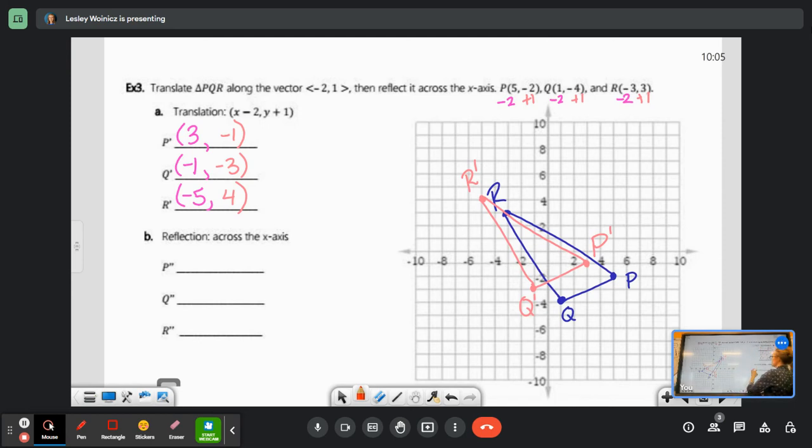So my rule is x and y map to, keep the x, change the sign on the y, opposite of y. So keep the 3, make the 1 positive. Keep the -1, make the -3 positive. Keep the -5, make the 4 negative.